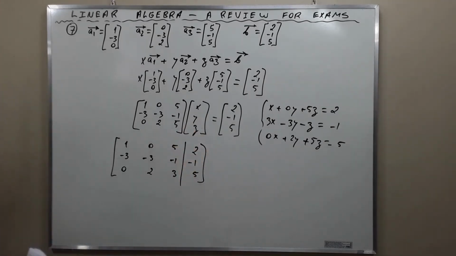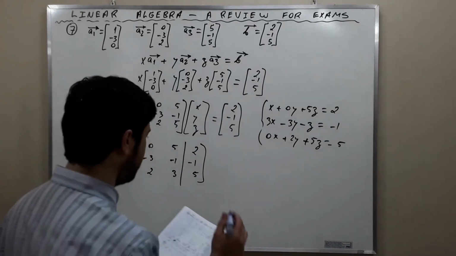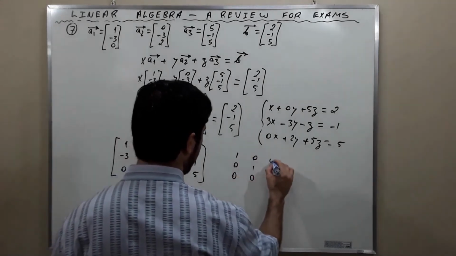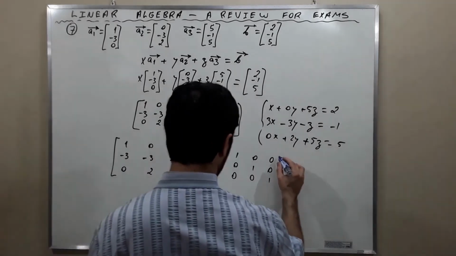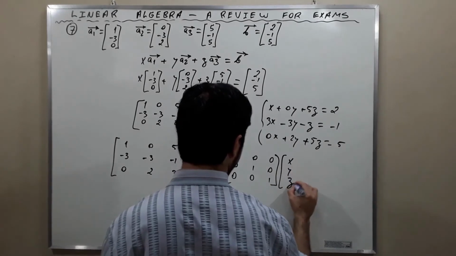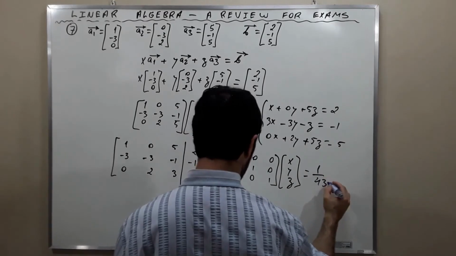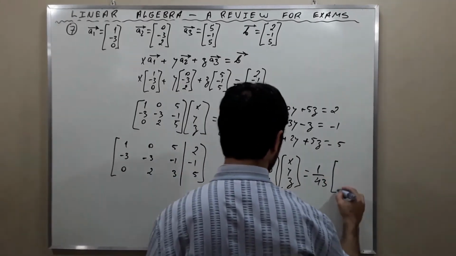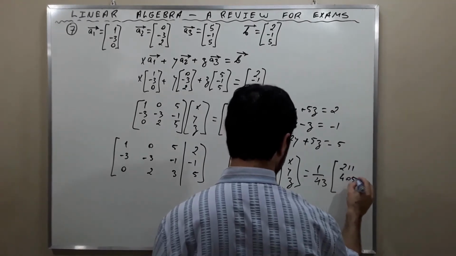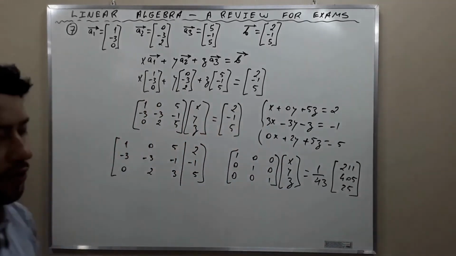All right, and ultimately you're going to find this: 1 0 0, 0 1 0, 0 0 1, multiplying x, y, and z, and here 211 over 43, 405 over 43, 25 over 43. Okay, so what does it mean?